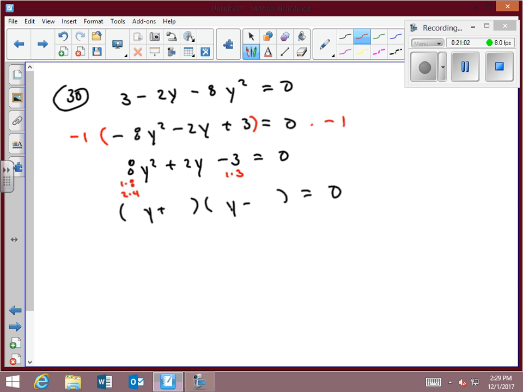Which one makes a difference of 2? 2 and 4, 4 and 3. Okay, now you've got to figure out which one is the larger product, because you've got to get a positive 2, right?